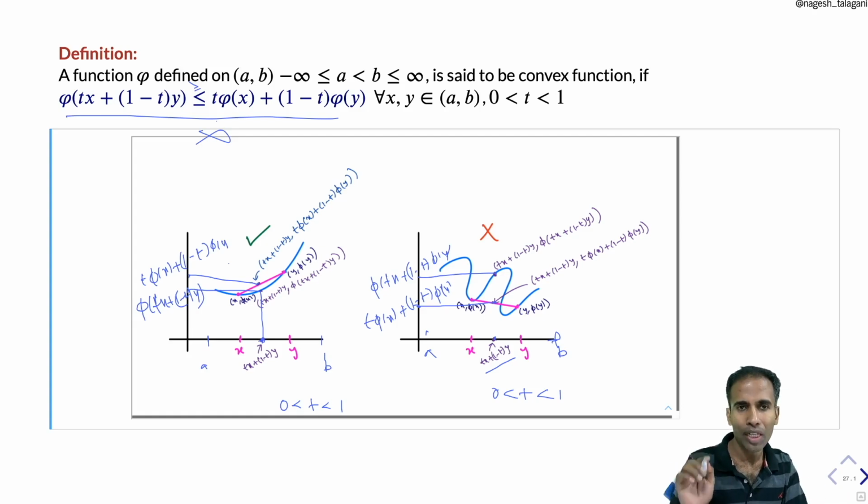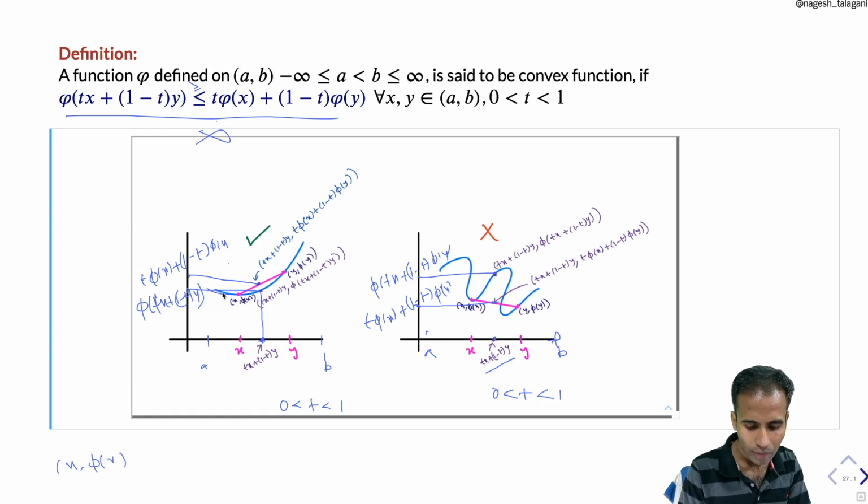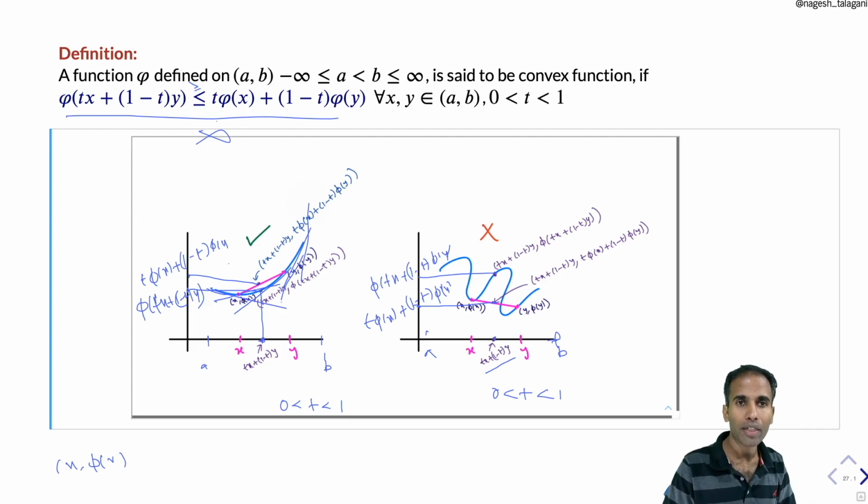One thing you can observe in the case of a convex function: at any x comma phi of x, if you draw the tangent like this, and keep drawing tangents as x increases, you see the slopes are increasing. So for a convex function, these slopes are increasing functions of x.